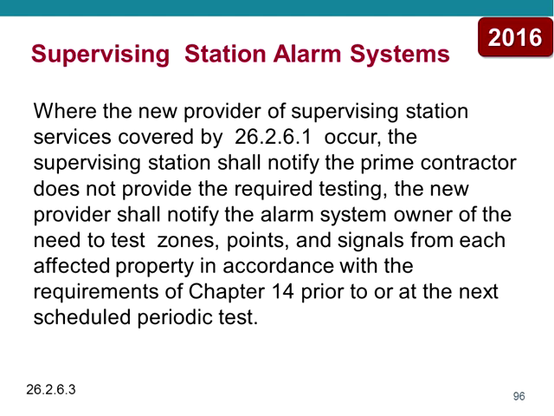Where the new provider of supervising station services does not provide the required testing, we have to notify the prime contractor. So what we're trying to do here is just make sure we have continuity of testing from one contract to another.